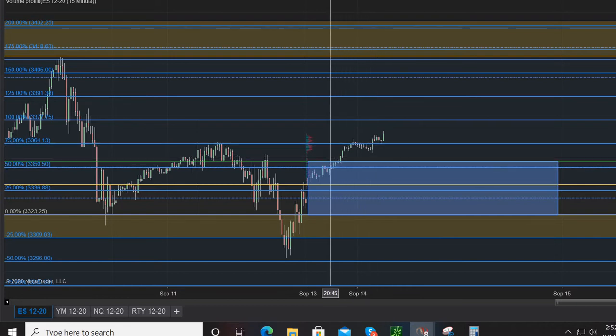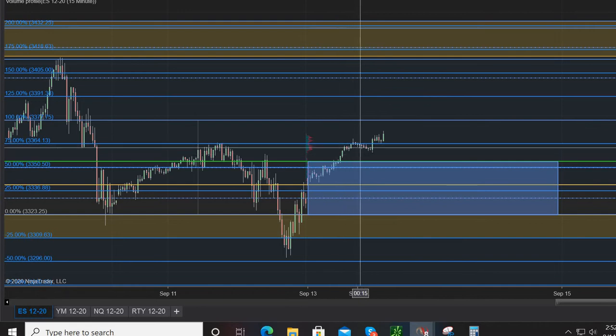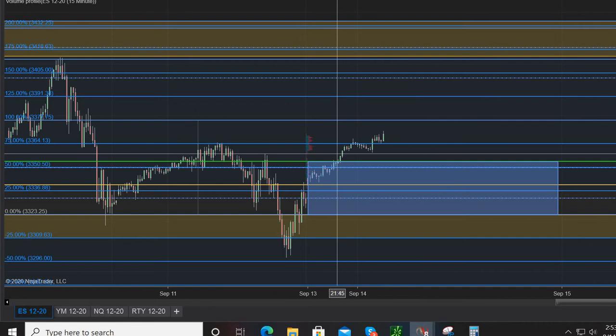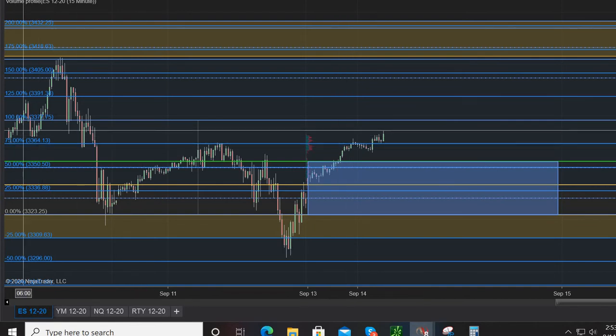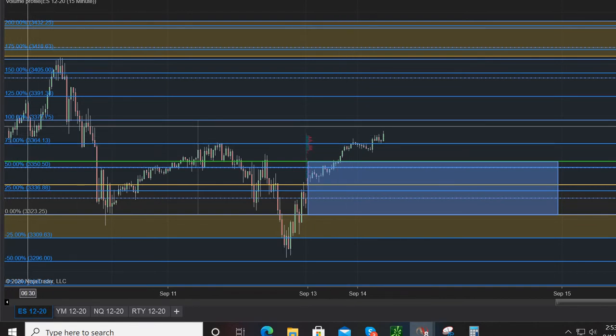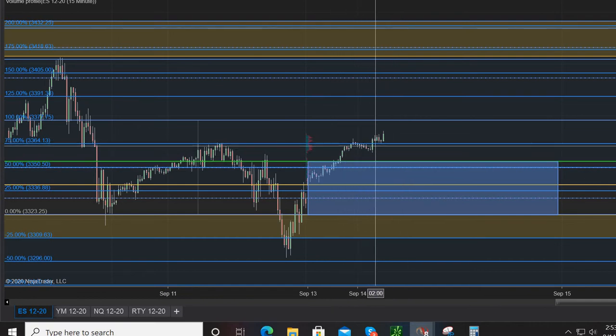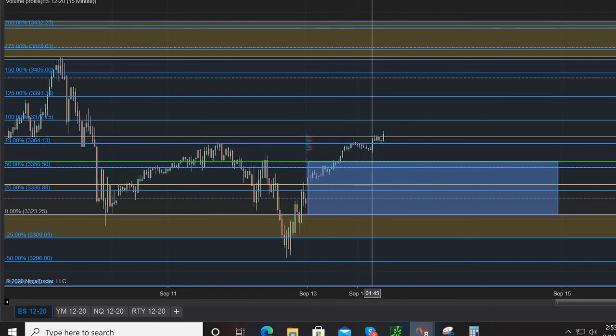Right now it looks like we're going higher, but we're going to do the case for if we go long. This is the perfect example. We broke through a 75% expectation zone, wicked off of it, pulled back, and now we got that entry.